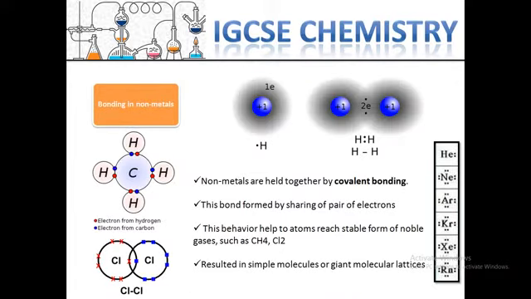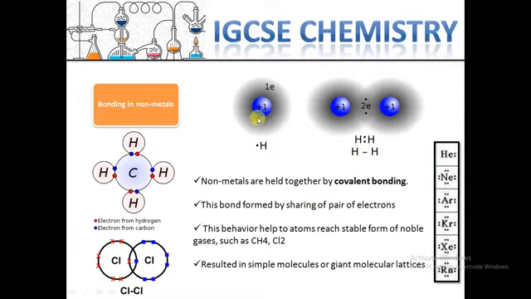About the bonding in non-metals, this type of bonding is covalent. We say covalent bonding. Non-metals are held together by covalent bonding. What is covalent bonding? It is sharing of a pair of electrons.